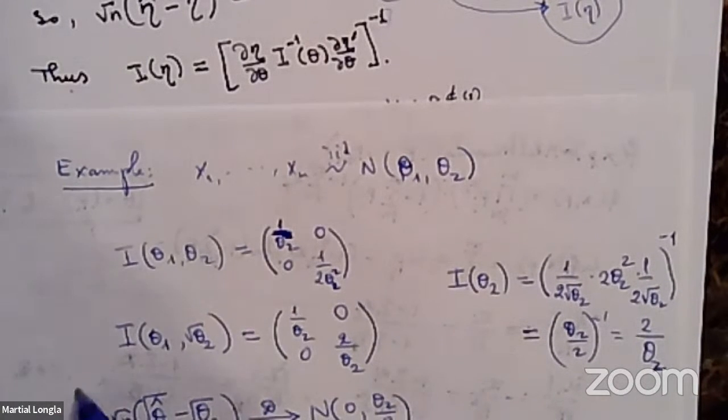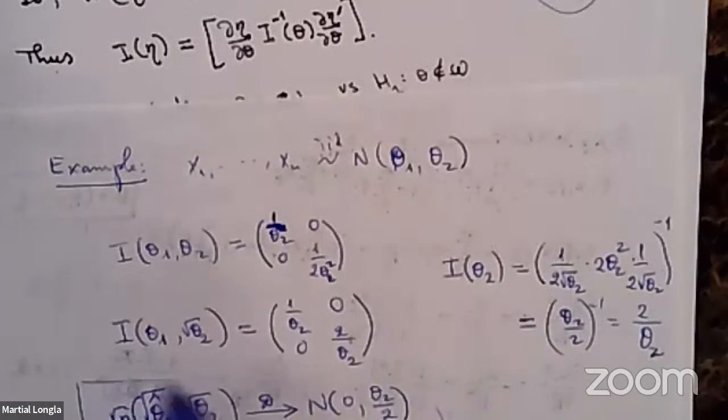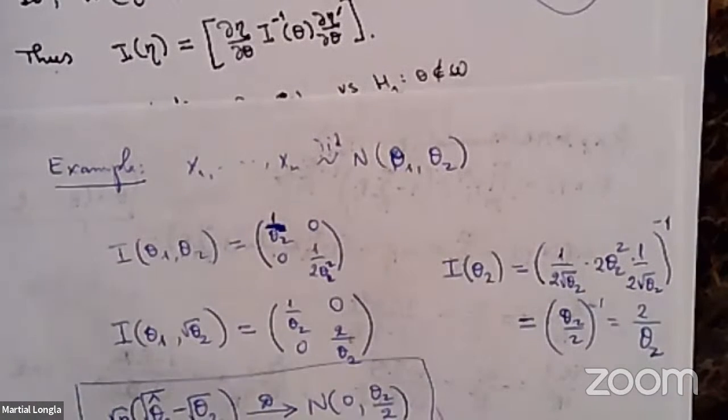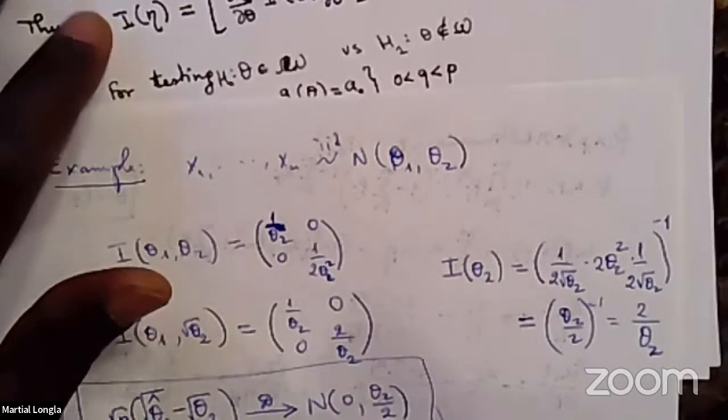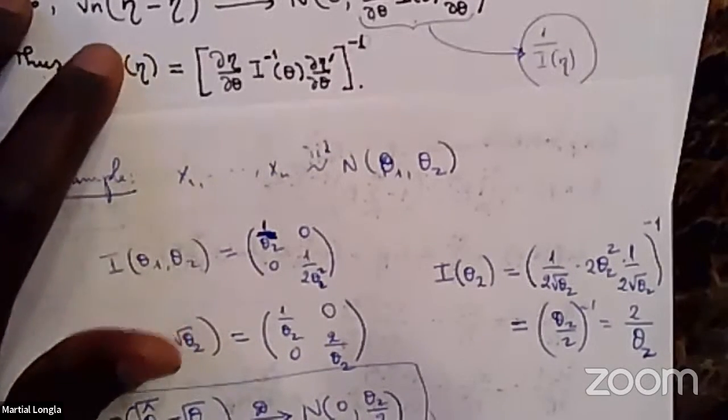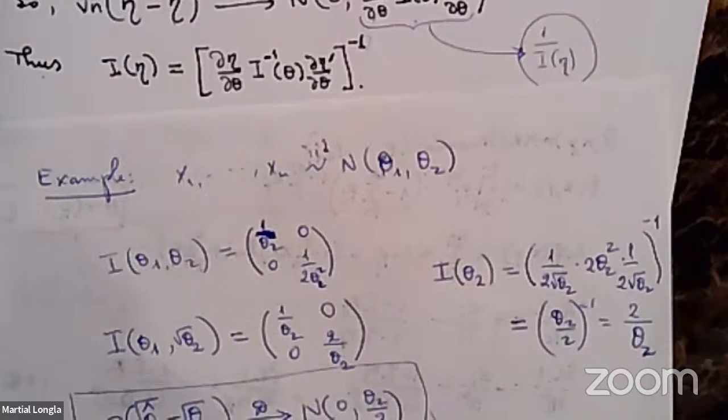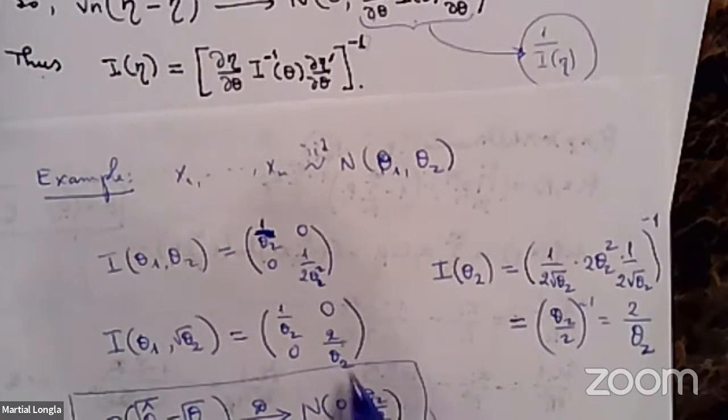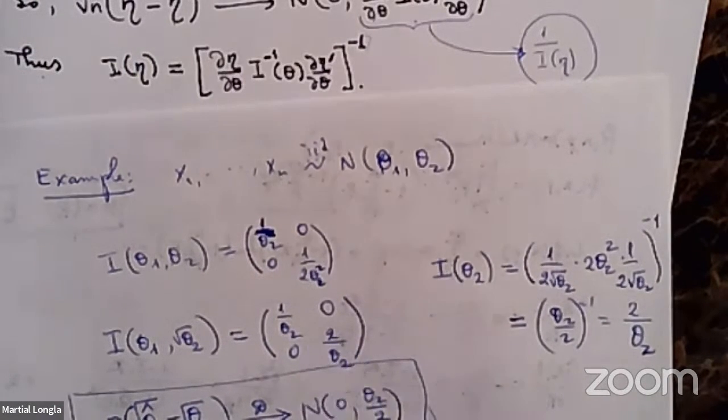So I will not even need to go and waste time trying to figure out what is going to happen. I'll just say, hey, based on this theorem, with this Fisher information that we have here, it is going to converge to normal 0, and then I just take 1 over the Fisher information to get the variance.